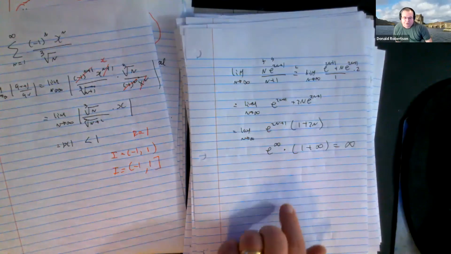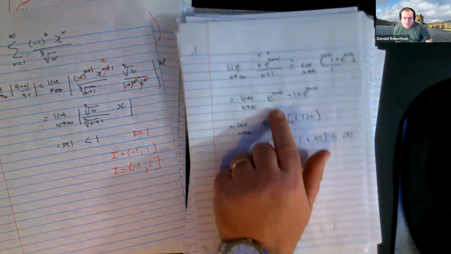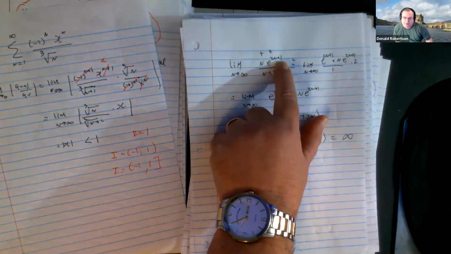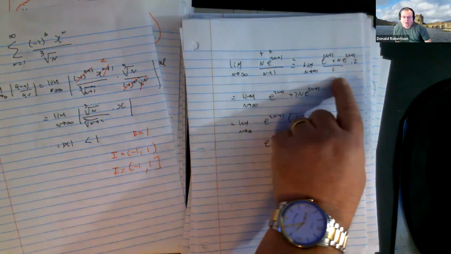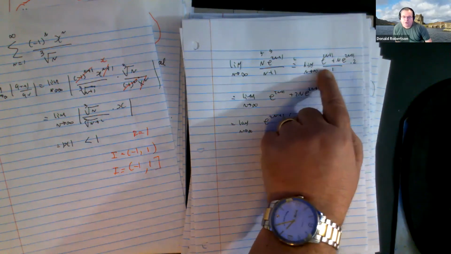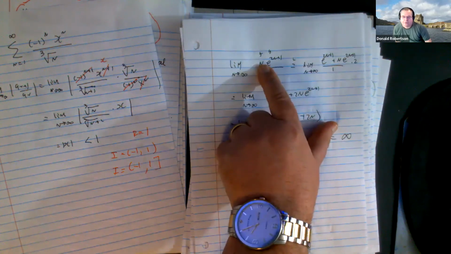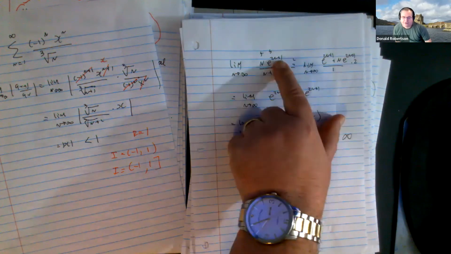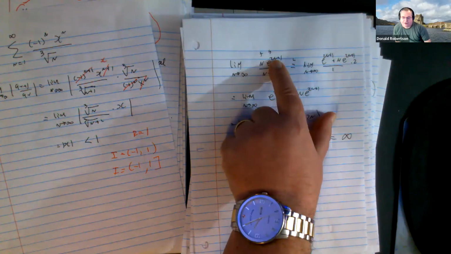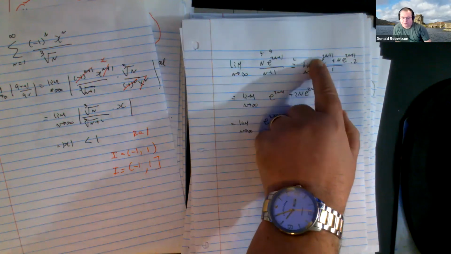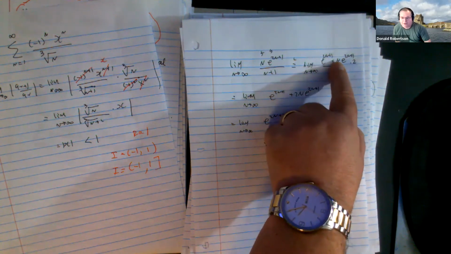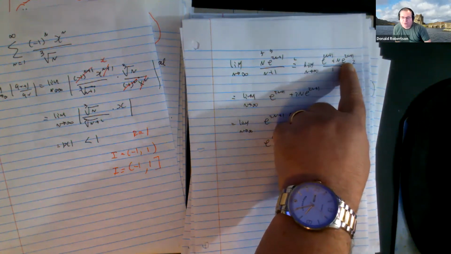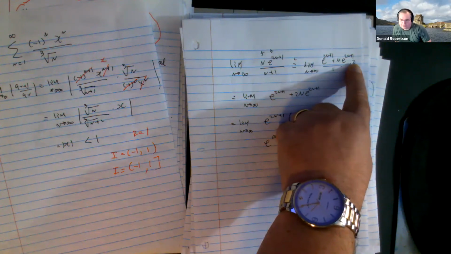So it was n e to the 2n plus 1 on the top over n plus 1 on the bottom. I did a L'Hopital on it. Differentiating the bottom was easy. You got 1. To differentiate the top, I used a product rule. So that was f, and this piece here is g. So it's the derivative of n, which is 1, times leave g alone, plus leave f alone, and then differentiate e to the 2n plus 1, which is where that extra 2 came from.